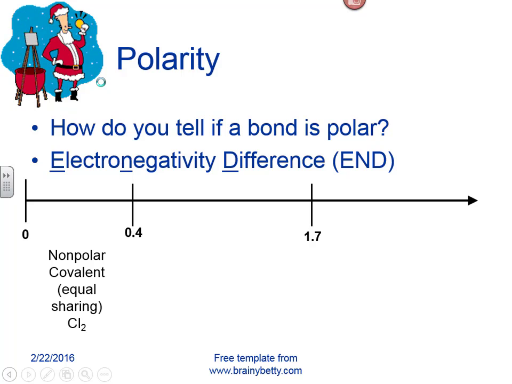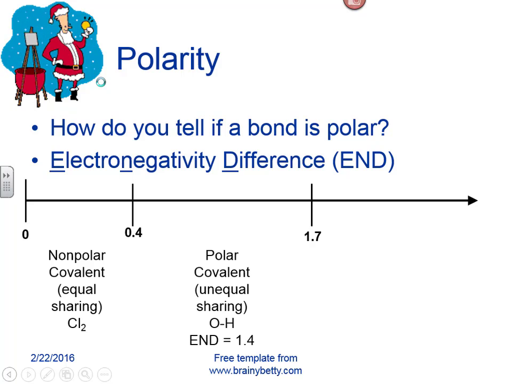If you subtract and you get an electronegativity difference that's between 0.4 and 1.7, then that's the category that we call polar covalent, what we just went over. The electrons are still shared, but they're not shared evenly. They're going to be closer to one atom than they are to the other.